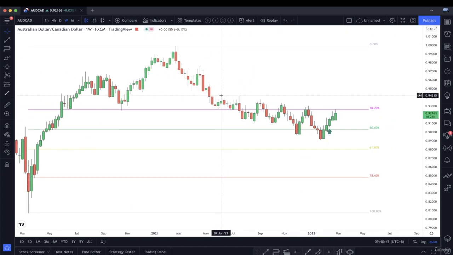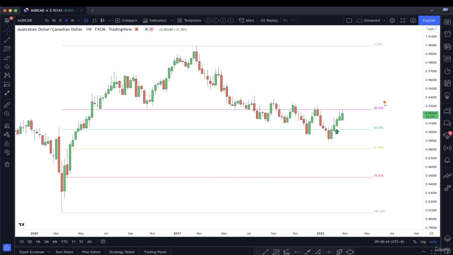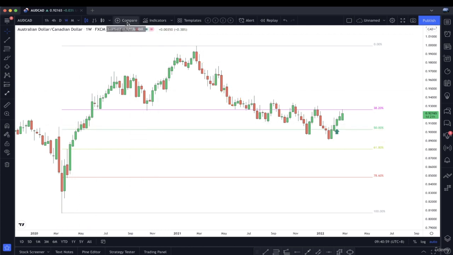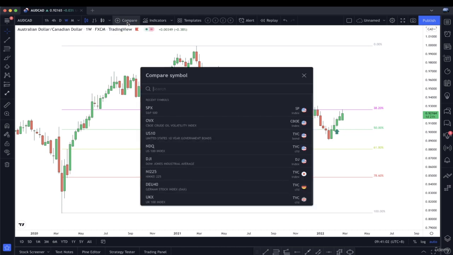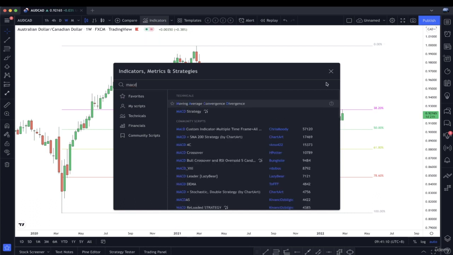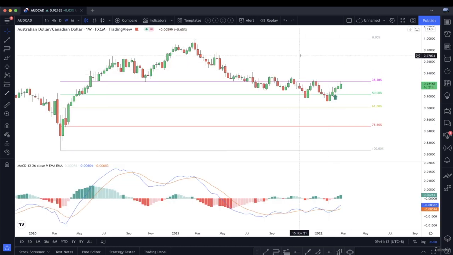Now, going down to the daily time frame. My bias here is also bullish because of this deceleration after this acceleration, and we are testing this current support area. All right. Now if you want to add a momentum indicator, you can use, let's say, MACD, RSI, or stochastic, right, to see if there is a divergence.